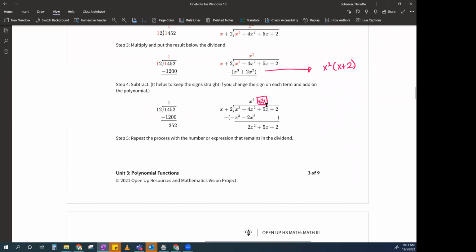All right. So what's my next step? What do I do with this 2x? What did you do with this, right? Like how many 12s go into 25? You said 2. What do I do with that 2?